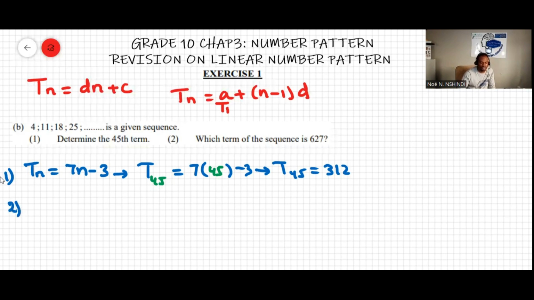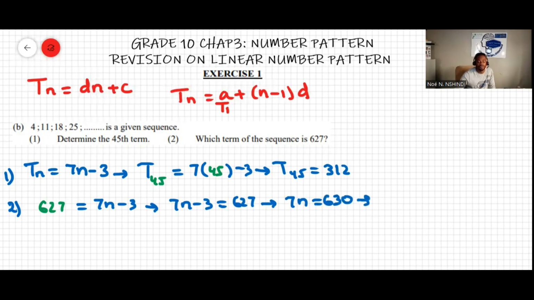So over here, it means we want to substitute Tn by 627. So that makes 7n minus 3 equal to 627. If I move the -3 over, that makes 630.